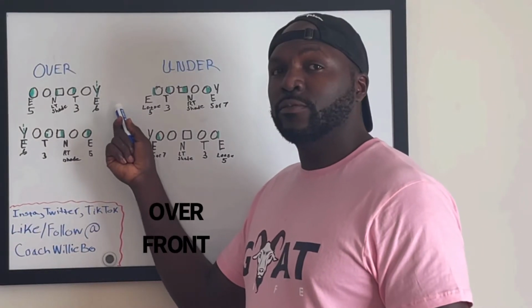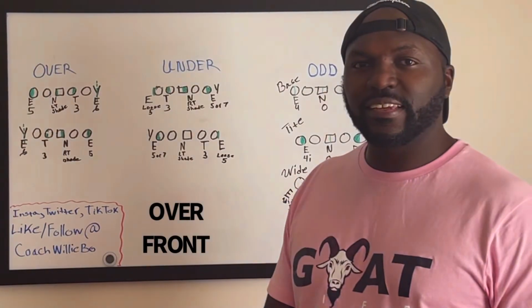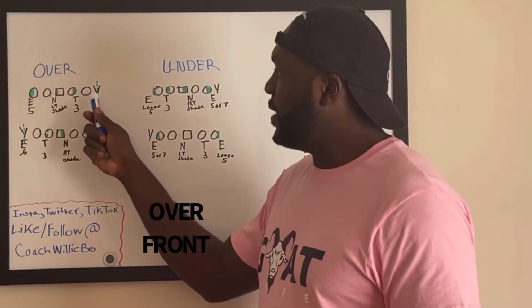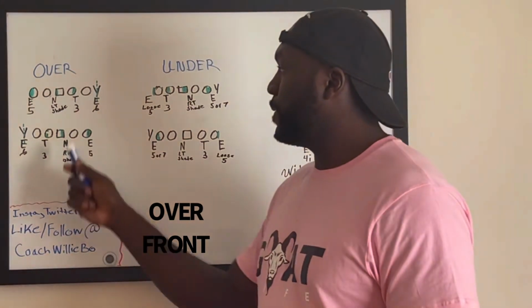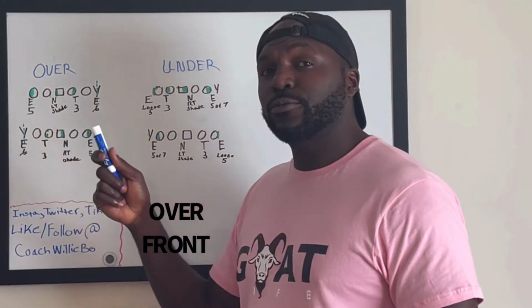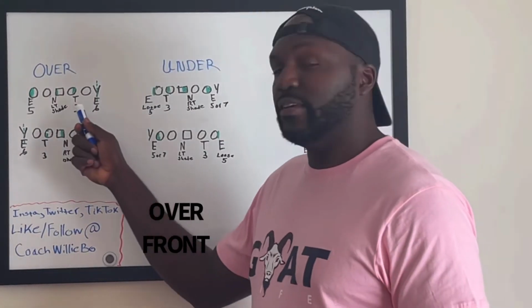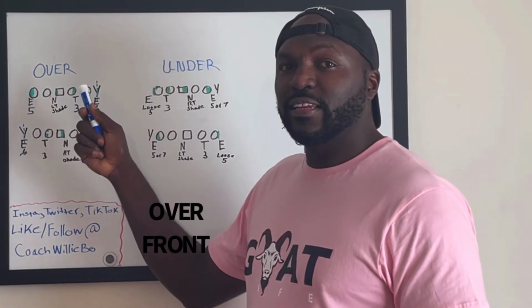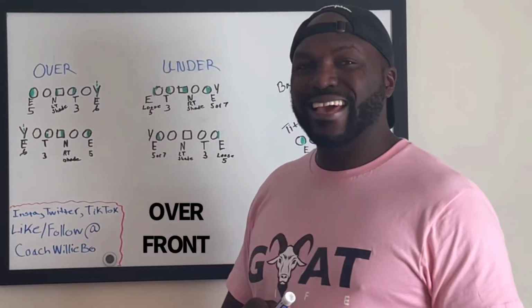The end to the close side will be aligned in the 6 technique, and that end is responsible for the C gap. The defensive tackle to the close side will be aligned in a 3 technique, and will be responsible for the B gap.